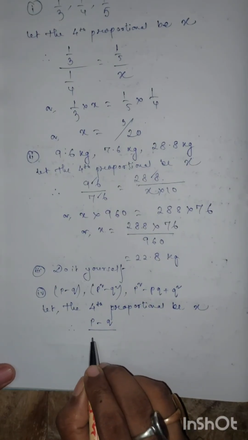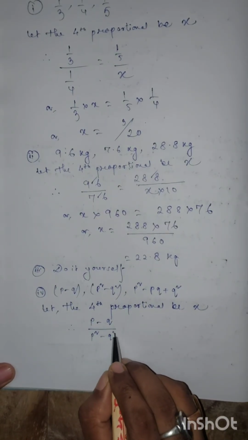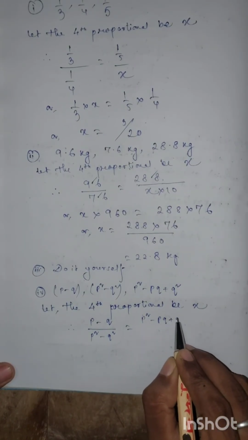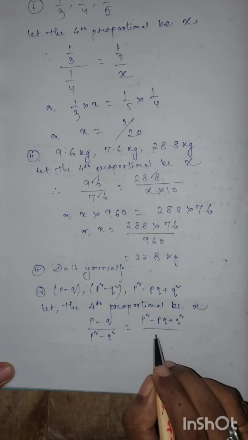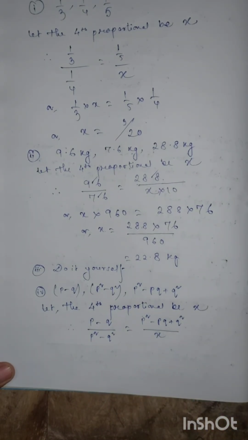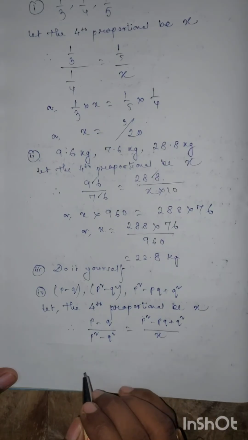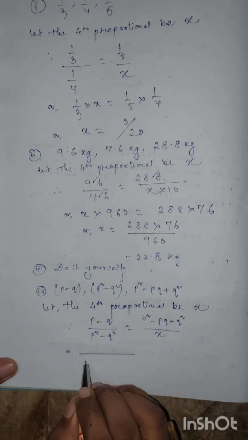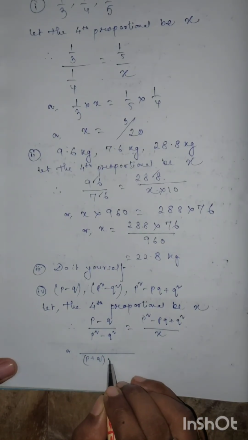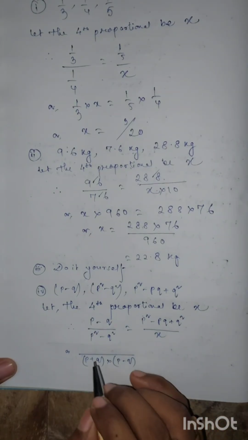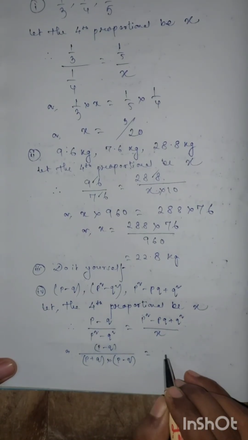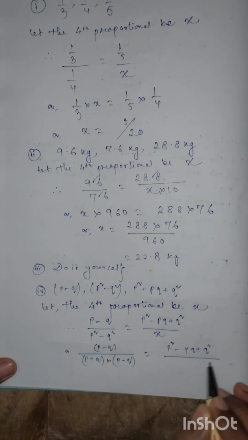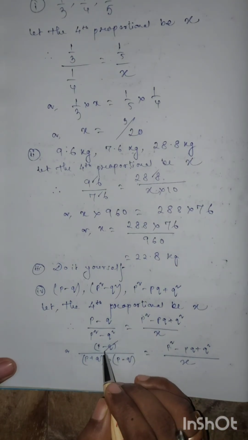So p minus q, and so we can write p square minus q square, p plus q into p minus q. Now we can cancel p minus q.